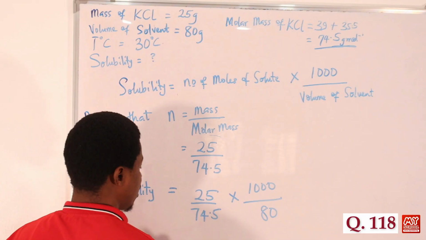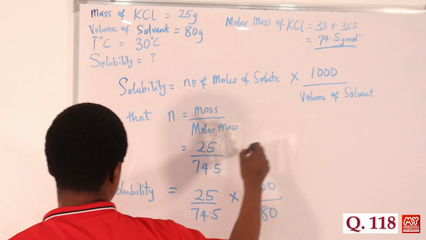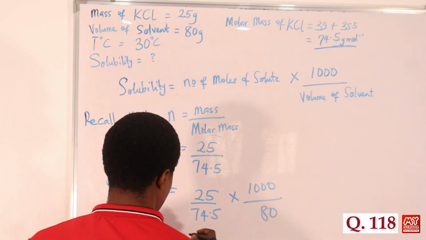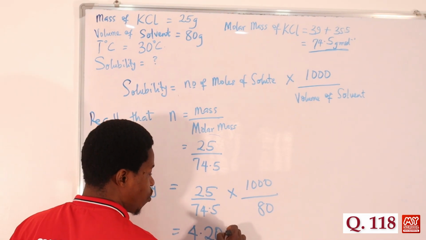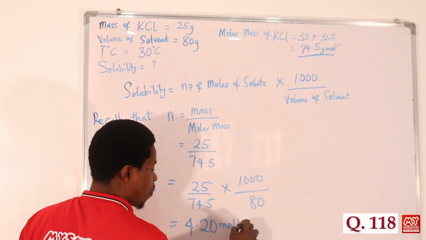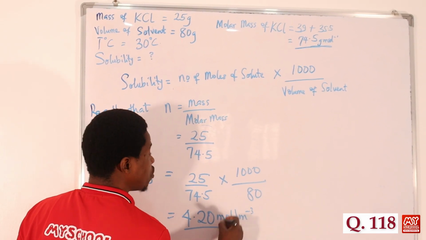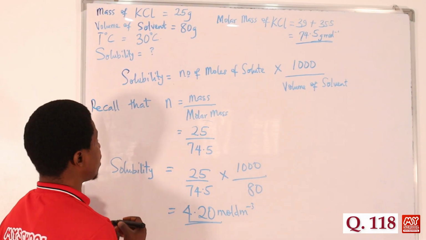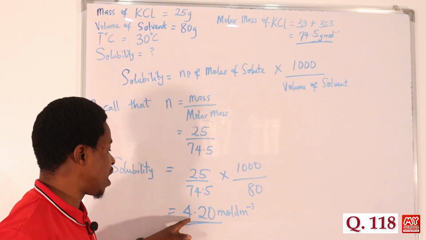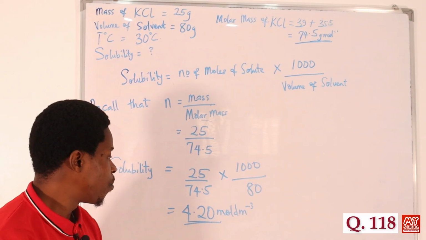So by the time you solve this and punch your calculator, you're going to have 4.20 mole per dm cube. You can punch your calculator to verify this and check if the answer is correct. So the solubility of that salt is 4.2 mole per dm cube.